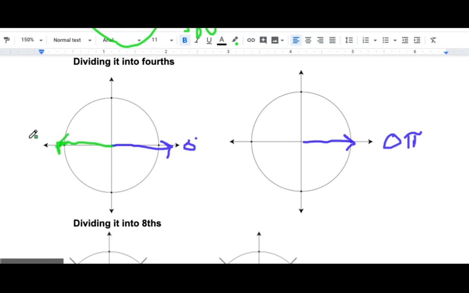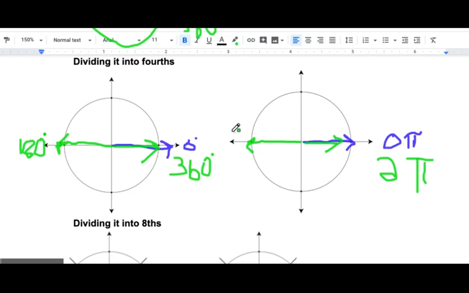This one, if it goes all the way back around, it's at 360 degrees. But half of that was 180. And with pi, the whole thing was 2 pi's. But half of that was 1 pi for half of my circle.